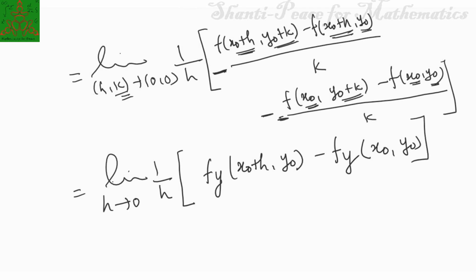So this will be nothing but f_xy at (x0, y0). And on the other side we already have f_yx at (x0, y0). So that completes the proof of this result.